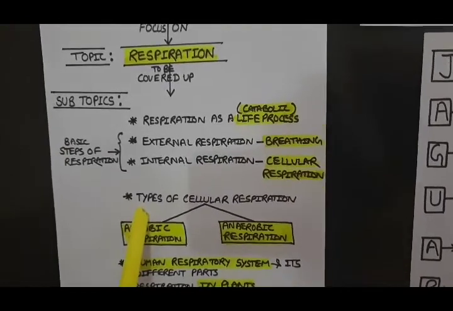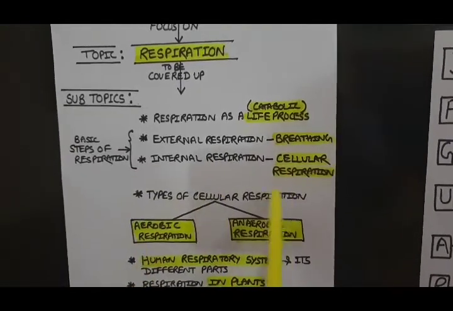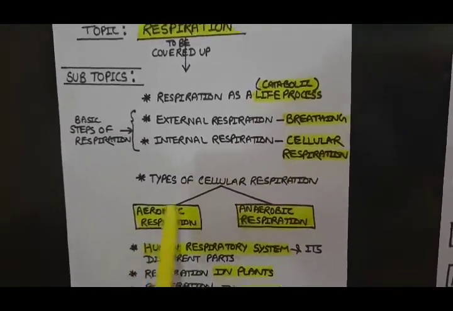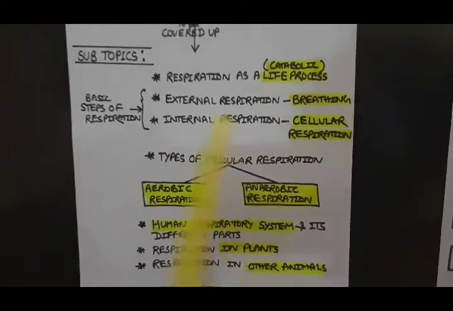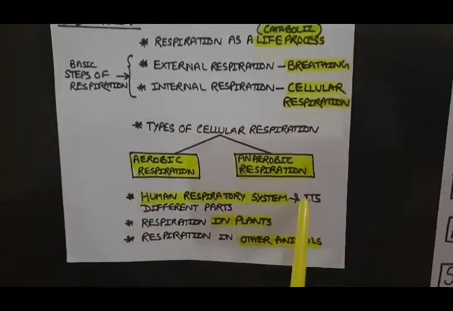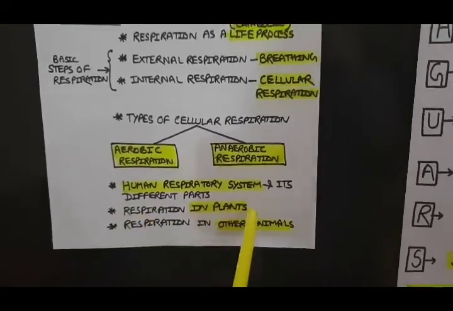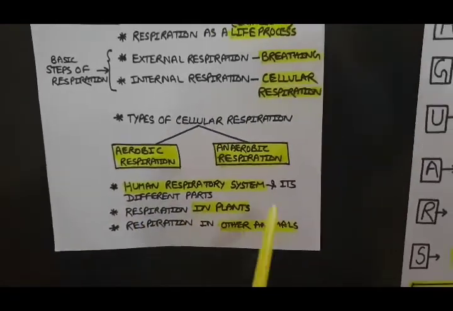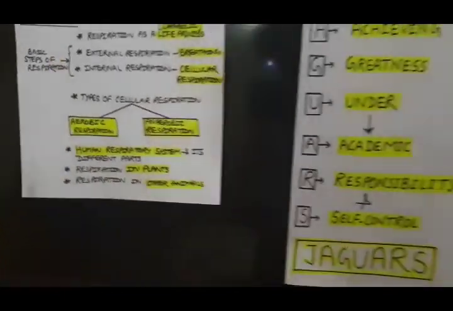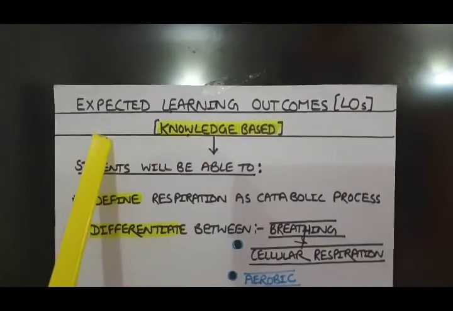Then we will try to know types of cellular respiration in the form of aerobic and anaerobic respiration, the human respiratory system and its different parts, respiration in plants as well as respiration in other animals. We will try to know this in today's class.